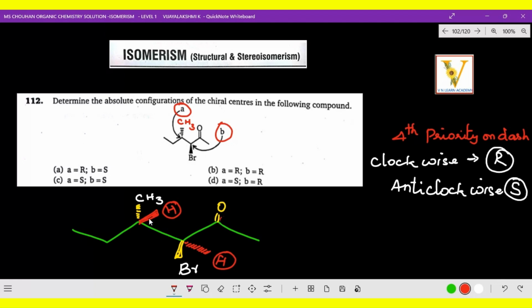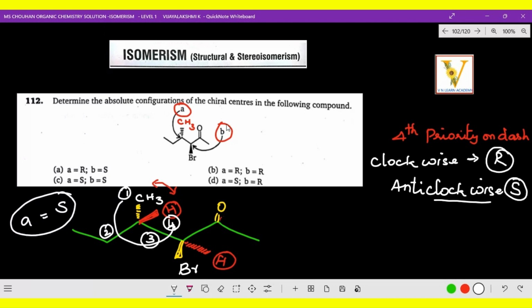So wedge and dash interchange here. So the point will be going out, here 1 and here 2, and then this is 3 and this is 4. So you will get anti-clockwise. With the fourth priority on dash, anti-clockwise means S. So point A is S.